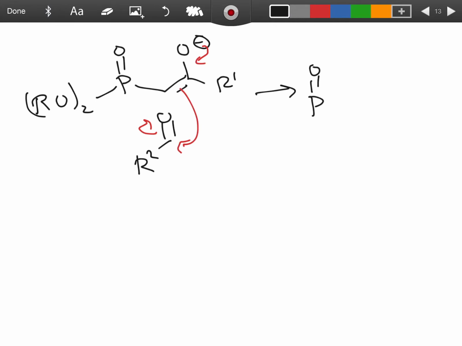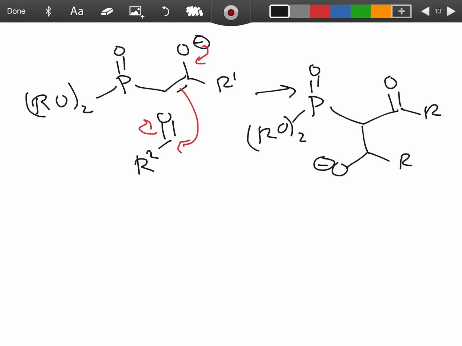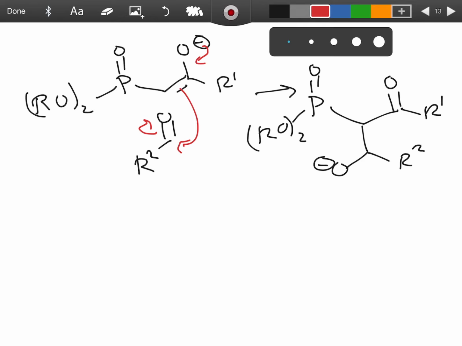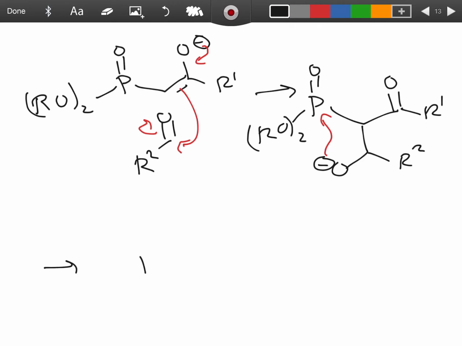We get something that looks like this, R2 and R1. And then I make what looks like the same oxaphosphetane that we made from a Wittig reaction. Phosphorus loves oxygen. I've got this negatively charged oxygen beside a phosphorus. We're going to skip a step to make this easier to see, and you get something that looks like this.